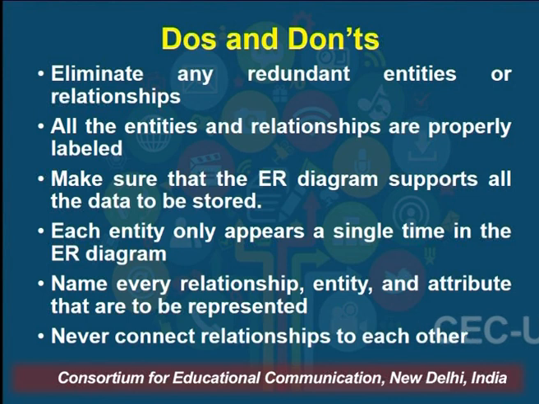If there are any, we need to remove them. All the entities and relationships should be properly labeled, otherwise it is going to create confusion. Also, we need to make sure that an ER diagram supports all the data to be stored. We should not leave any details unattended from the problem statement.